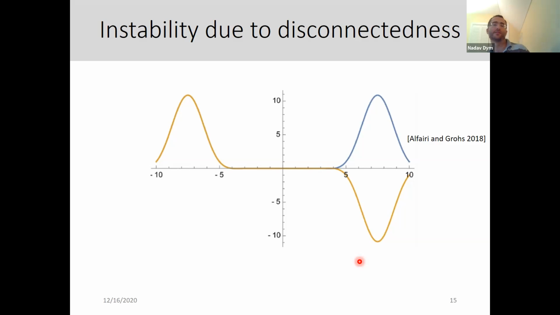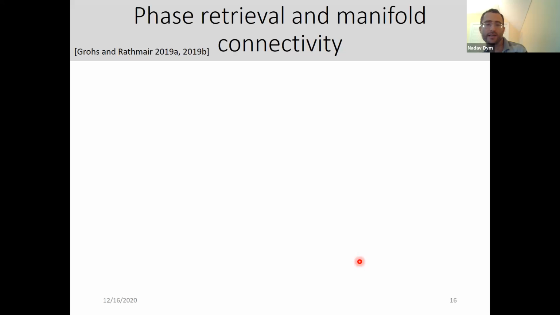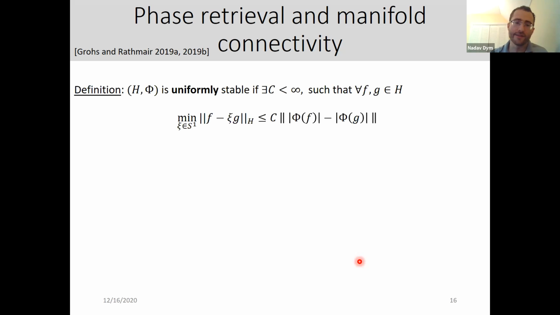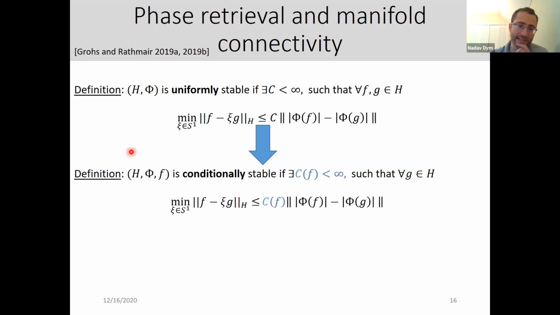And people have taken this observation in different directions. Specifically last year, there was a very nice idea of how to use this in the context of stability, which is as follows. Let's measure stability via connectivity. So instead of having our definition of stability before, which was uniform in f and g, we have a different definition where we look at a specific signal.